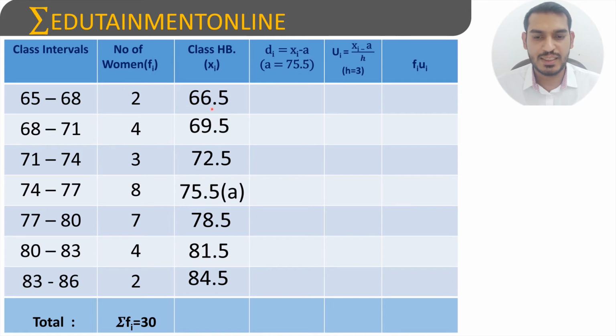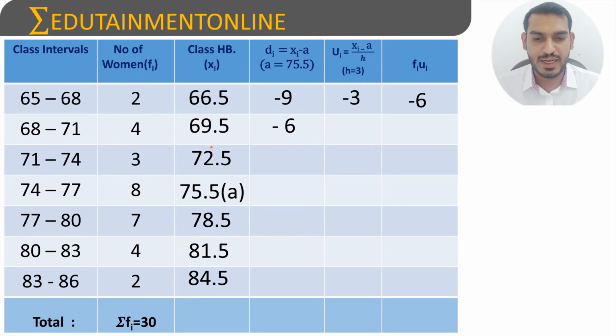Now xi minus a, 65.5 minus 75.5 is minus 9, and 69.5 minus 75.5 will be minus 6, and so on. And ui will be xi minus a by h, which is minus 9 by 3, minus 3, and fiui is the product of 2 and minus 3.